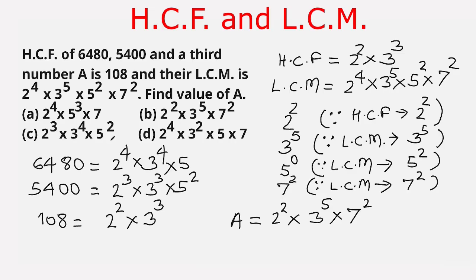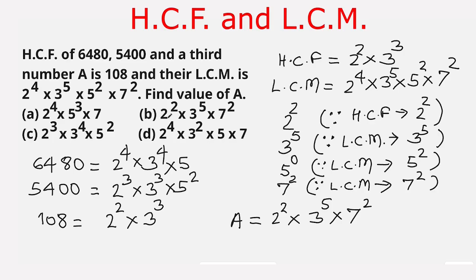It means option C cannot be our answer, because the given two numbers do not contain 7, so A must have 7 to the power 2. In option D, the power of 7 is 1 and it must be 2 because the LCM has power 2, so we cannot accept option D as well.